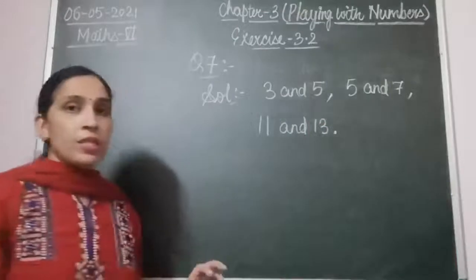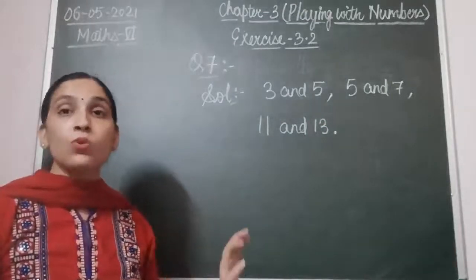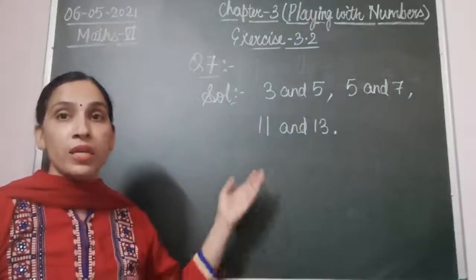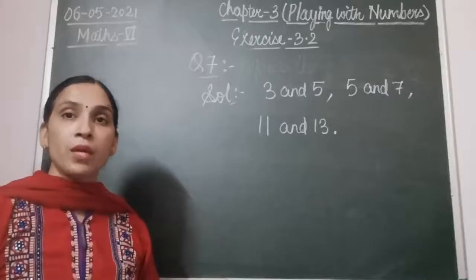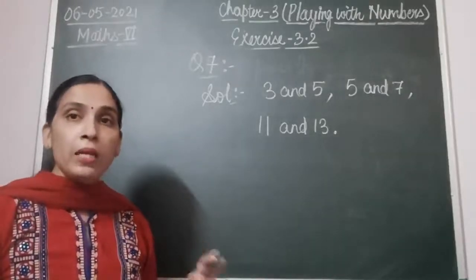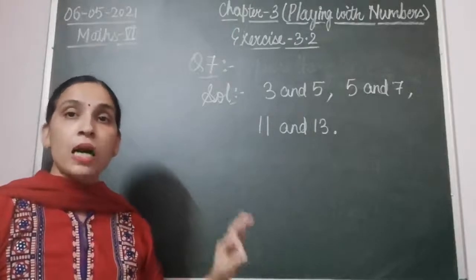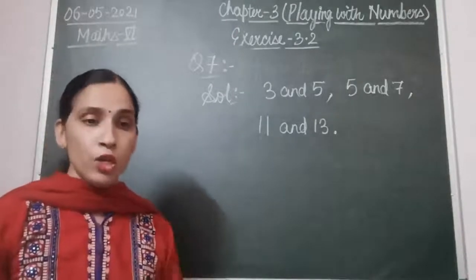It is not necessary that you write only these. You can write any other also. You can write 17 and 19 also. Those two are also a pair of twin primes. Twin primes are those two prime numbers which have a difference of 2.